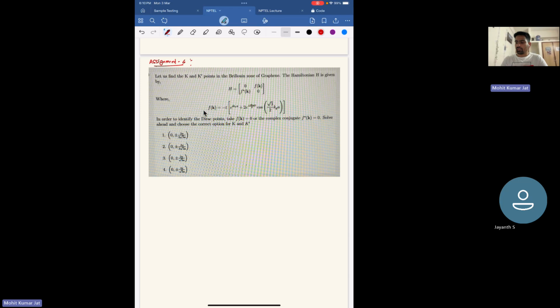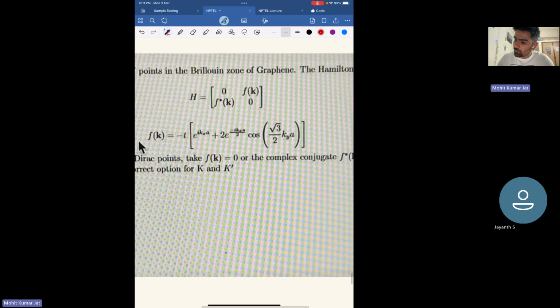The Hamiltonian H is given by, so H is about the graphene. You know that these terms are the ground state energy E0 of the single particle atom, but we can shift it to 0. It's just a constant, so we can shift it to 0.